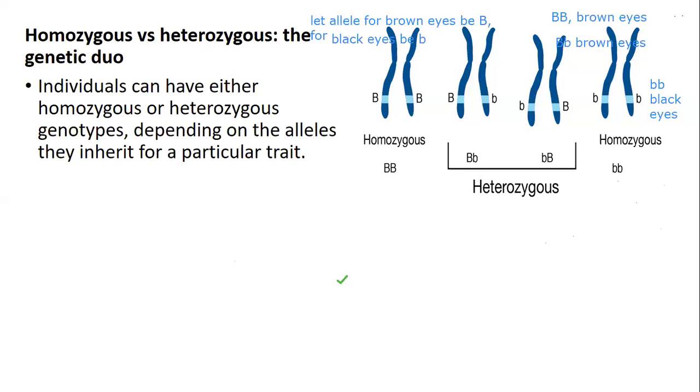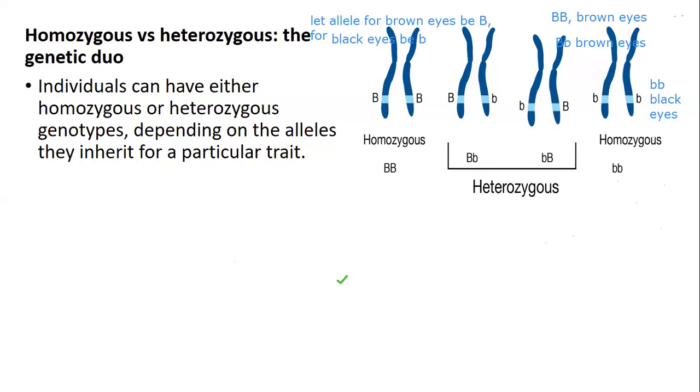The genotype, as someone said earlier, is just the set of genes that someone has. The set of genes that you have will depend on which alleles you have inherited for a particular trait. If you inherit from both of your parents the same allele, then we say you are homozygous.